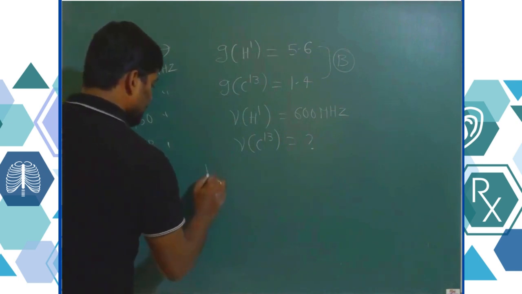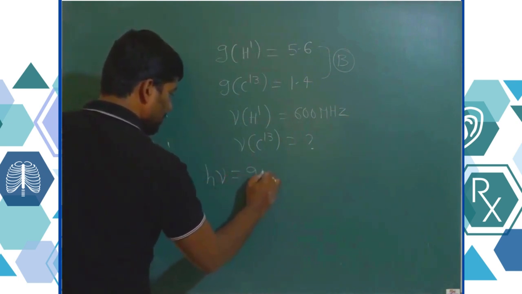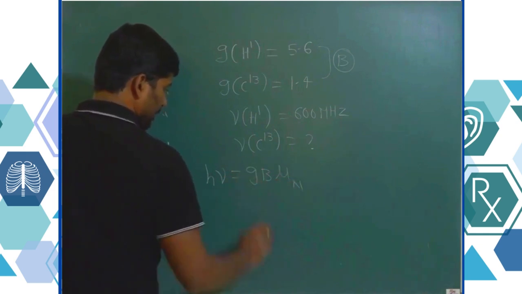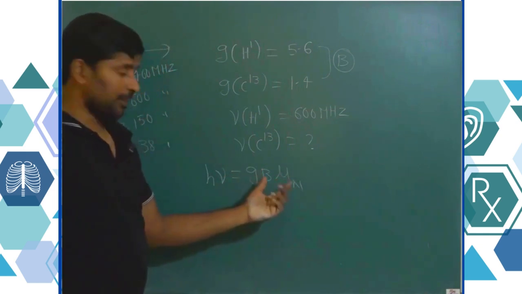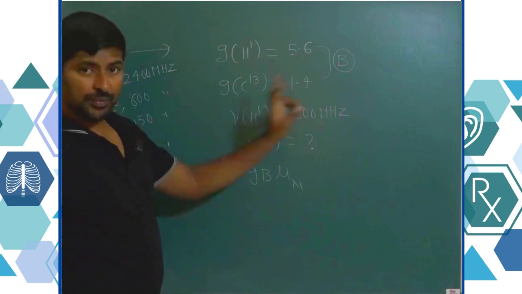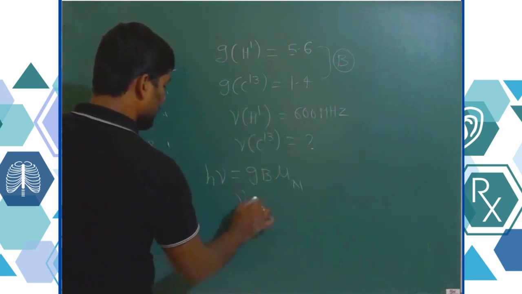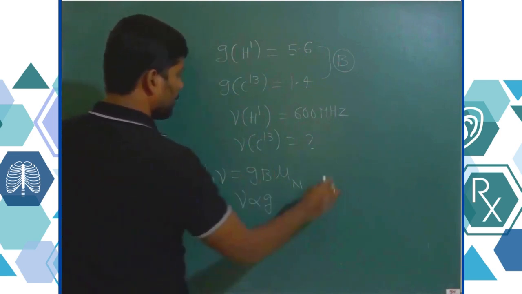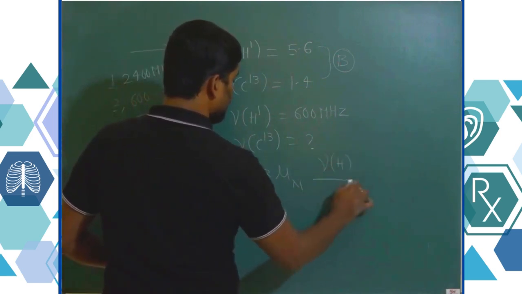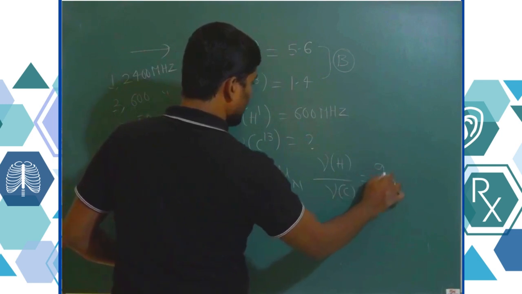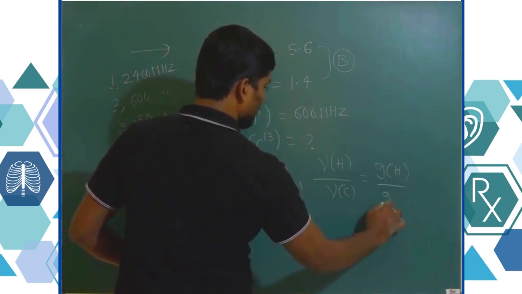So what is the relation between resonance frequency and g? We know delta E, that is h nu, is equal to g B mu N. mu N is equal to eh by 2 pi mp, that is a constant. B is the same, given the same magnetic field strength we are applying. That means nu is directly proportional to g. Therefore nu of H by nu of carbon is equal to g of H by g of carbon.